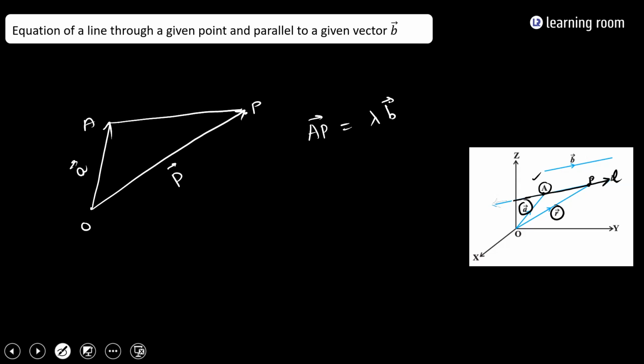If two vectors are parallel to each other, one vector can be written as lambda times another vector. So AP vector is lambda times vector b, meaning lambda b vector. Our job is simple, right? A small correction: AP vector is r vector.